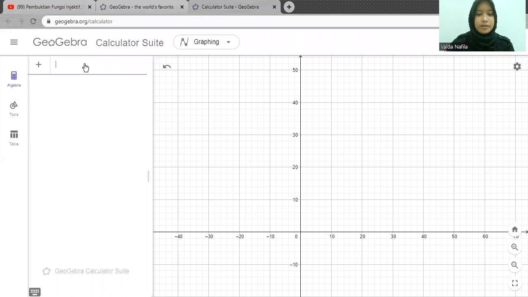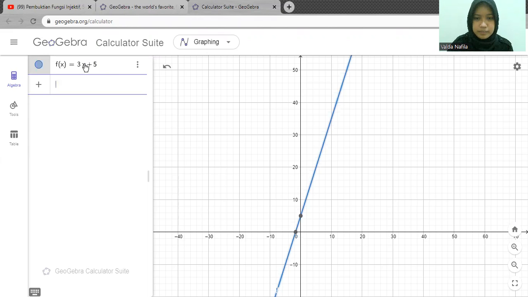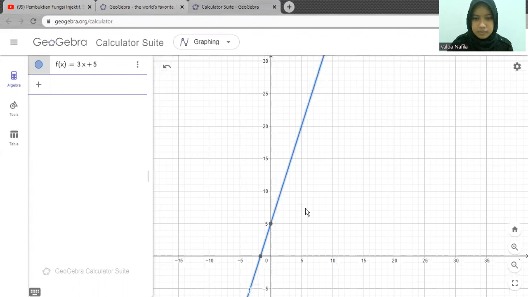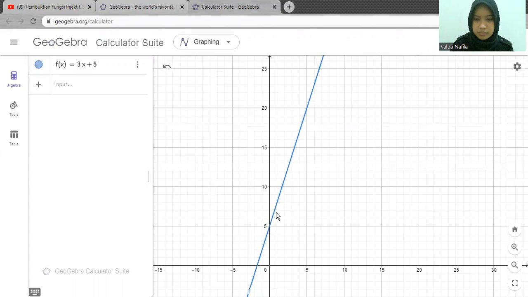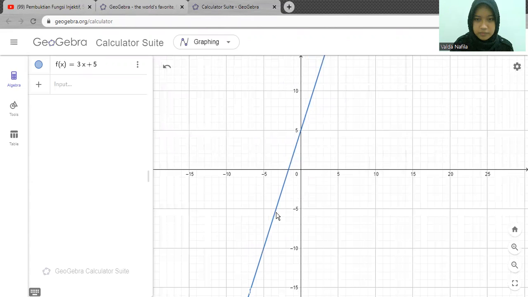Okay, I have a function g(x) equal 3x plus 5. Okay, this is the function I made and this is the graph. Now we will identify whether this is an injective function or not. Therefore we need a horizontal line.